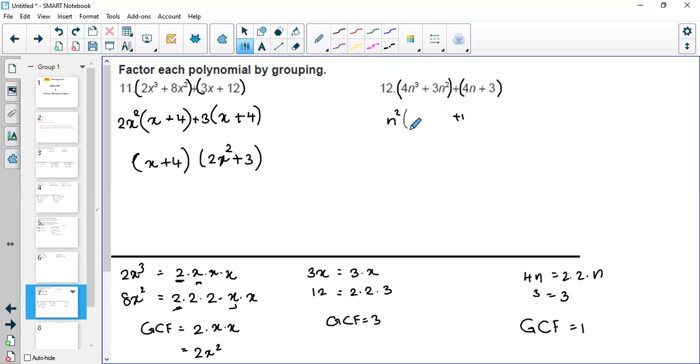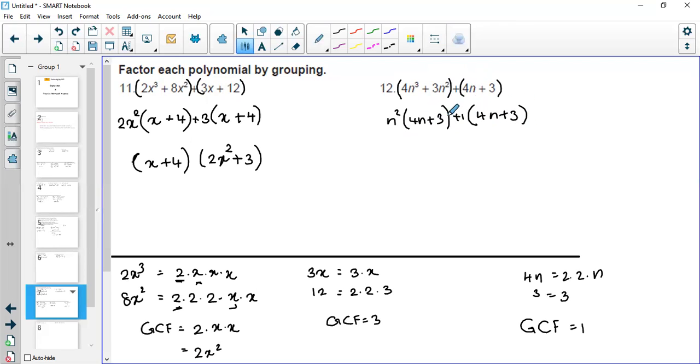Okay, let's factorize it. So 4n cubed divided by n squared is going to give me a 4n, and then plus 3n squared divided by n squared is going to give me a 3. Then 4n divided by 1 is going to give me a 4n, and 3 divided by 1 is going to give me a 3.